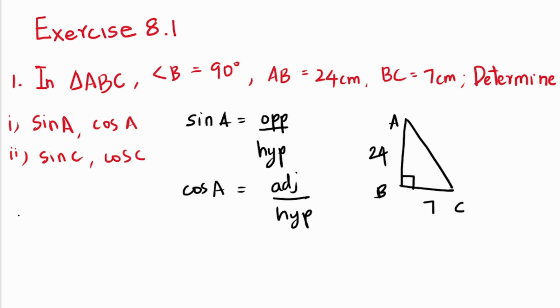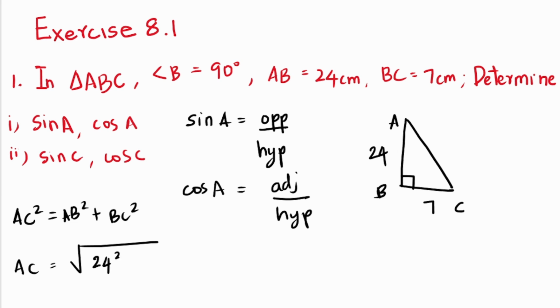AC square equals AB square plus BC square, so AC equals root of AB square, which is 24 square, plus 7 square. 24 square is 576 plus 7 square is 49.